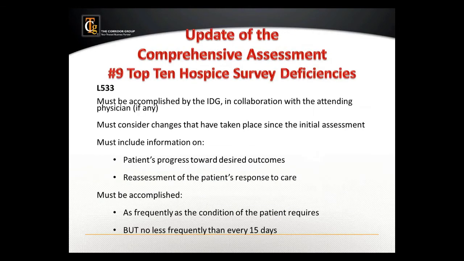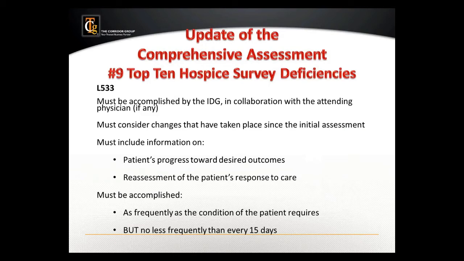Okay, so once you've completed your comprehensive assessment, you want to make sure that you update that comprehensive assessment, again utilizing the individuals who are to be part of that comprehensive assessment. That's everybody in the IDG in collaboration with the attending physician. That's usually what's missing.